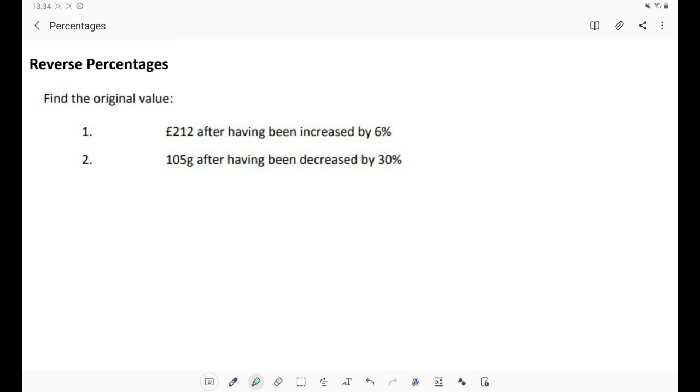The value you have been given has already had something added onto it or something subtracted from it. And this means you might have 104% or 120 or 60% because something has already changed. And your job is to undo that change to find the original amount or the amount before the percentage was applied.